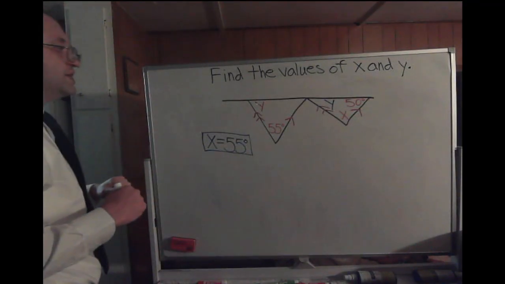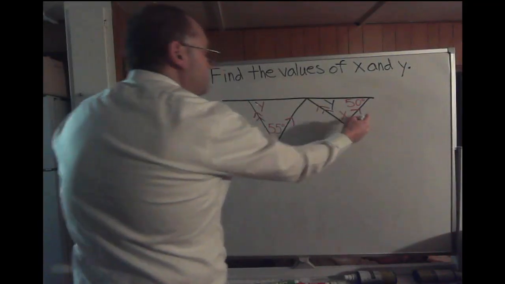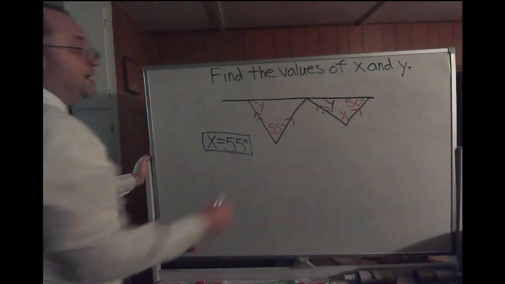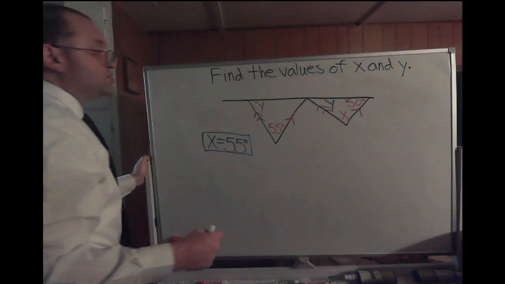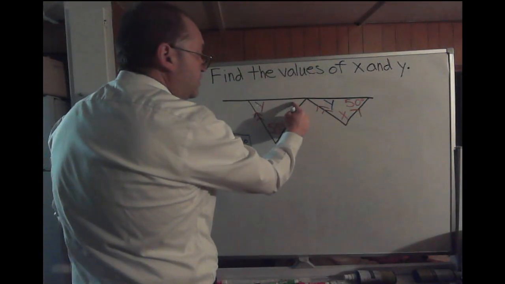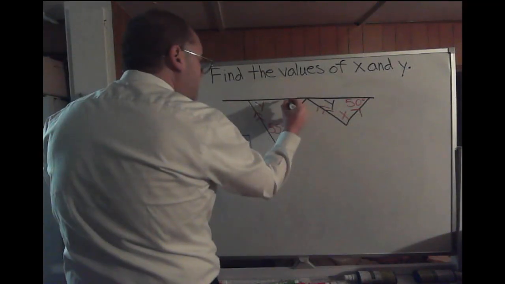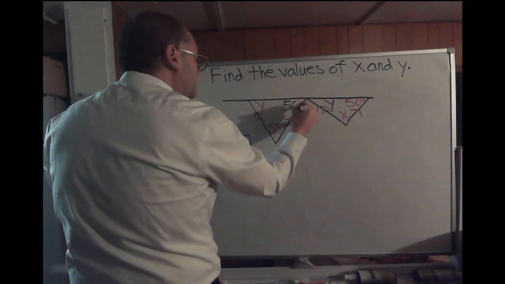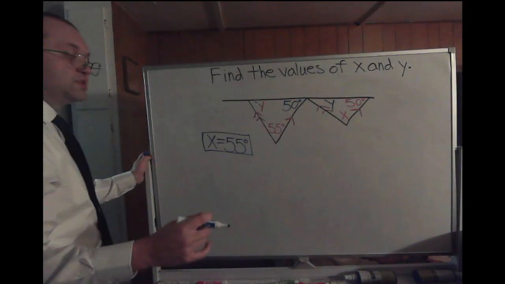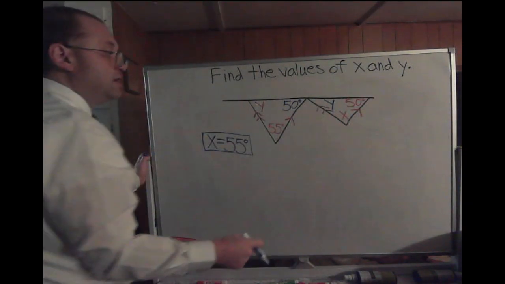There's something else here. We have this line parallel and this line parallel, and the big top line's your transversal, is it not? This missing angle here and the 50 would be corresponding angles. So now we know that this angle is 50 degrees by corresponding angles. So we have 50 degrees here, and y here.